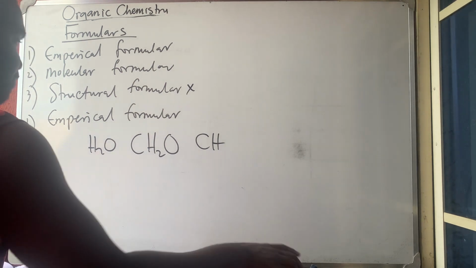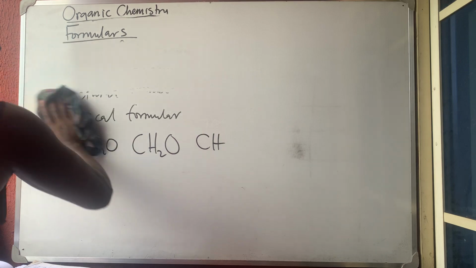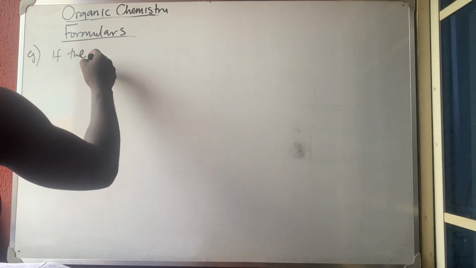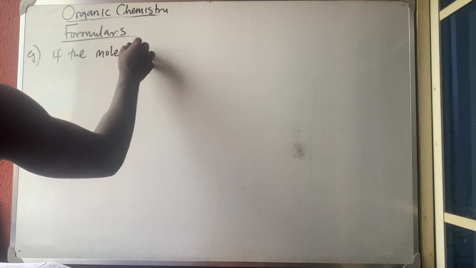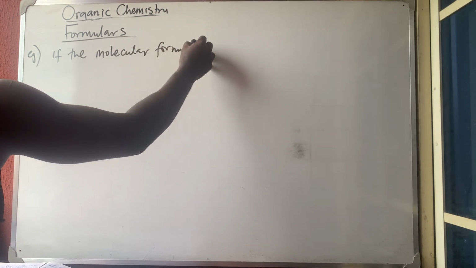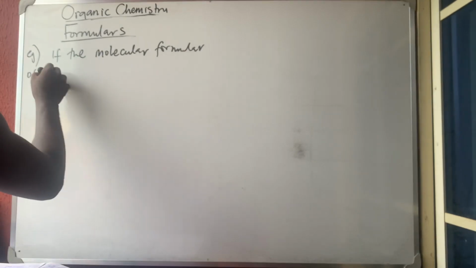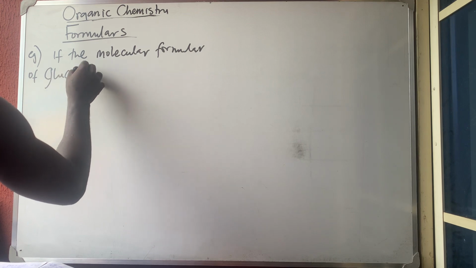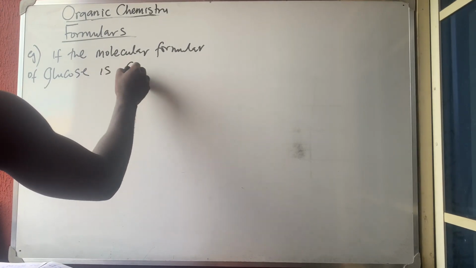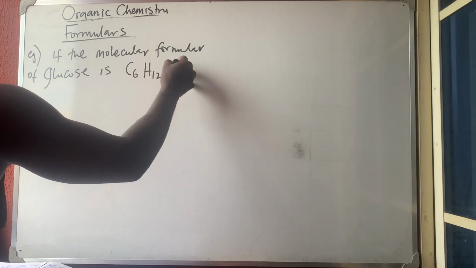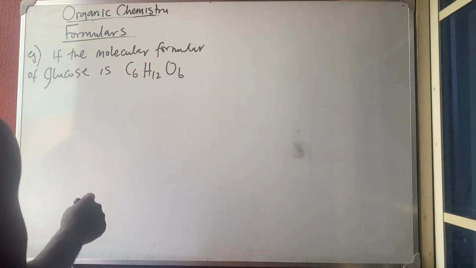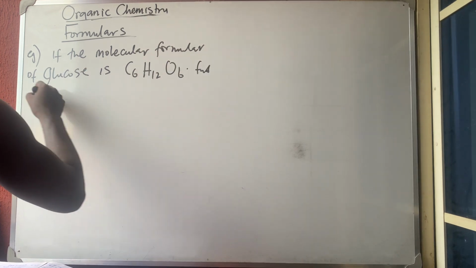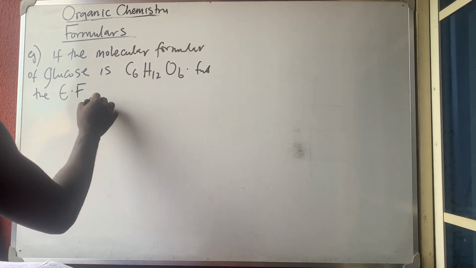So now let's move on. Example, solving time. Let us solve. The first example says, if the molecular formula of glucose is C6H12O6, find the empirical formula.